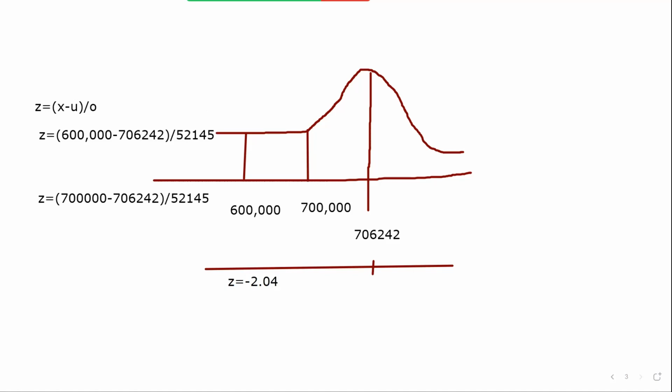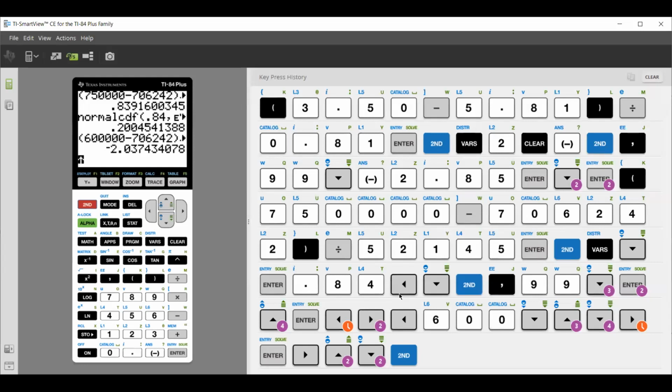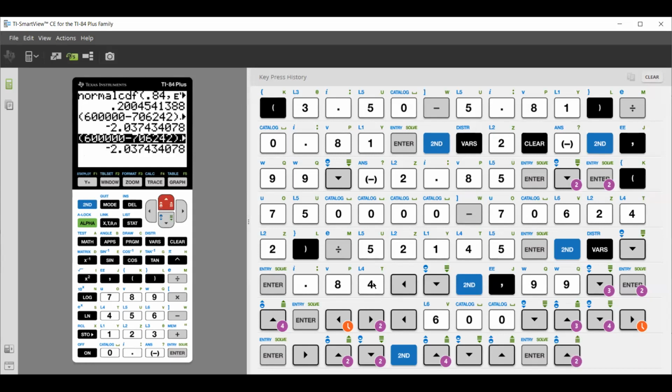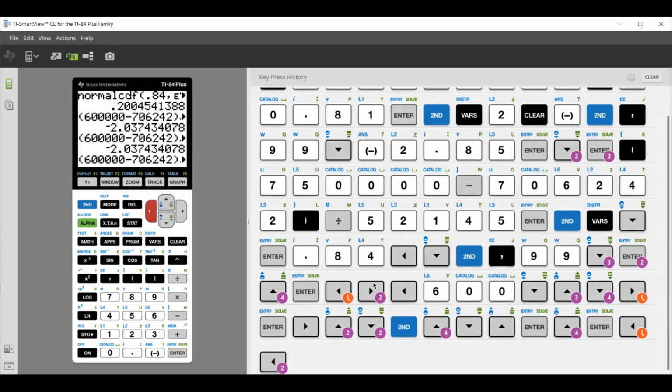And the only thing that changes in this calculation is the first number in there. So this is going to be, oops, let me grab that and put in 700,000 this time. And I get negative 0.1197.